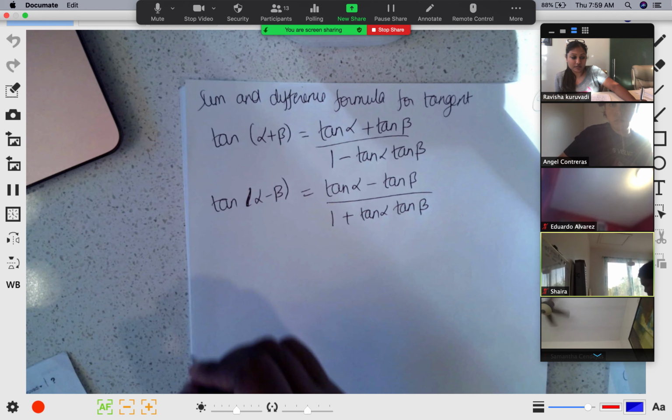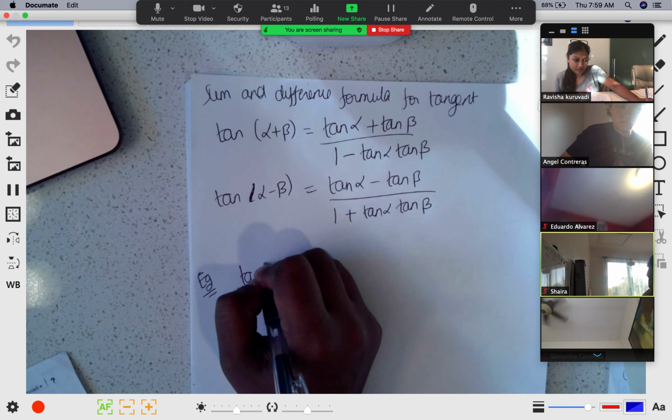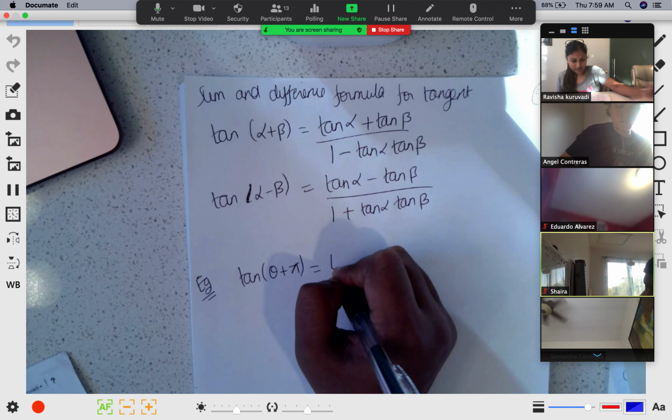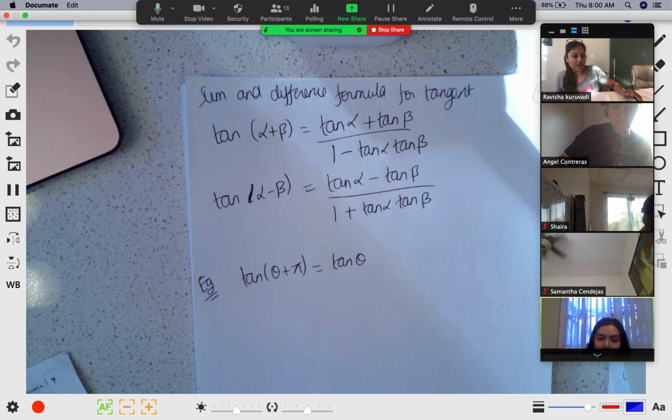Example, you have to prove that tangent of theta plus pi is equal to tangent theta. You need to prove this. Karen, I need to prove this.